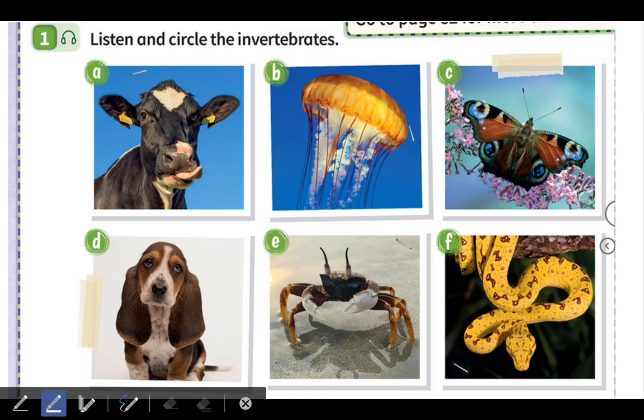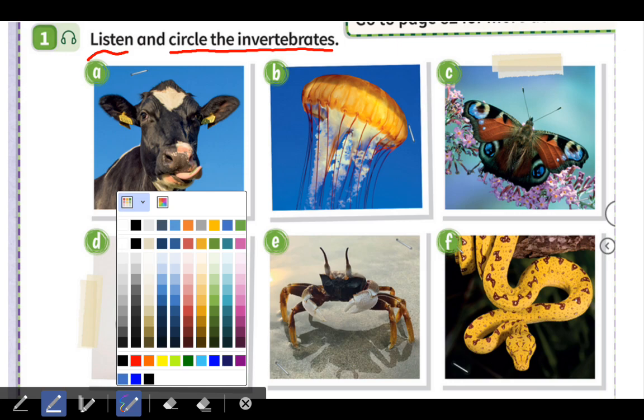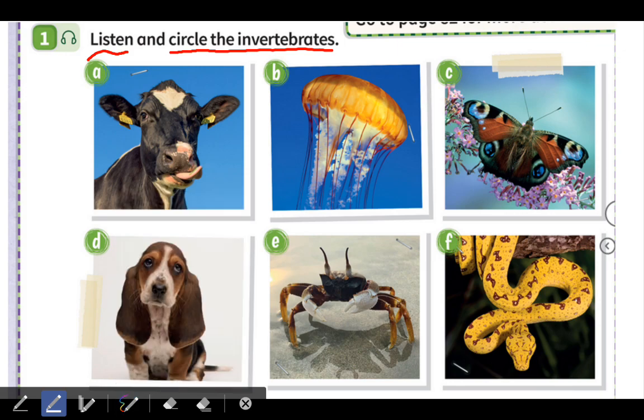This activity said, listen, and circle the invertebrate animals, the invertebrates. I'm going to take my favorite color, blue, and I'm going to circle the invertebrates. Is the cow an invertebrate? No, it is vertebrate.